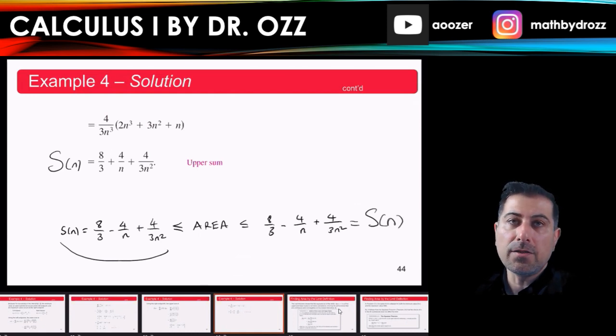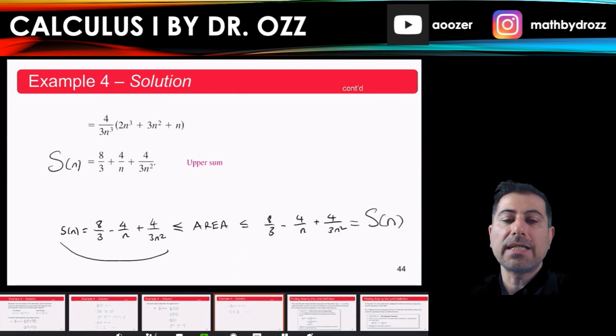So depending on how big n is, you can get a better approximation of the area. You can pause the video at this moment and plug in certain n values, n equals 3, n equals 4, n equals 5, and see what the lower sum and upper sum are. You can just find them out, and you can get a good grip of what the actual area could be in that circumstance.